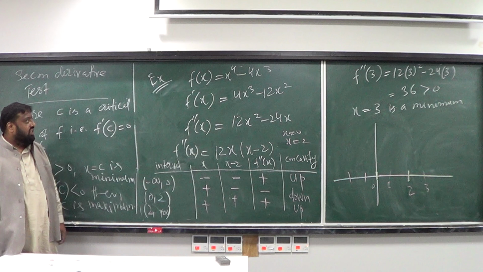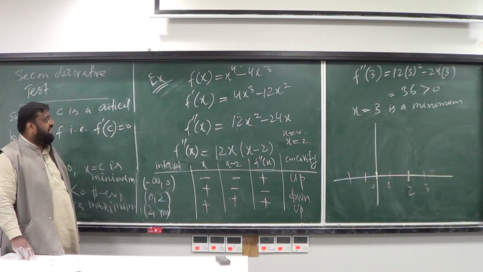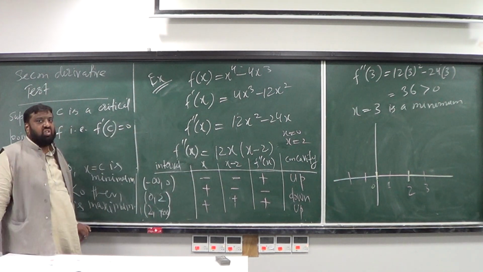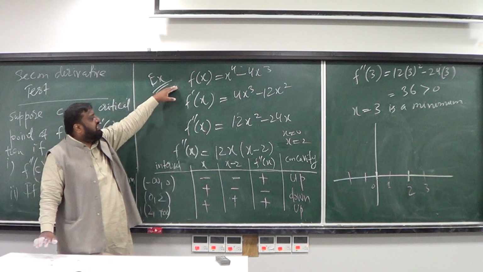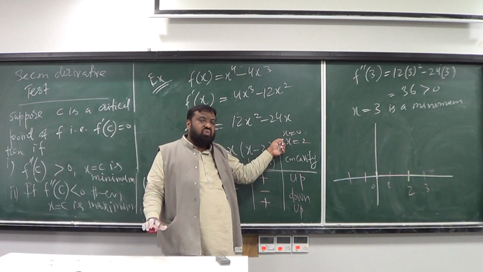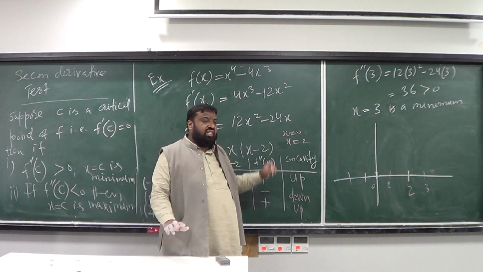Now what we are doing is trying to sketch the curve of f of x. We computed the second order derivative, and saw where it is 0: at x equal to 0 and x equal to 2.